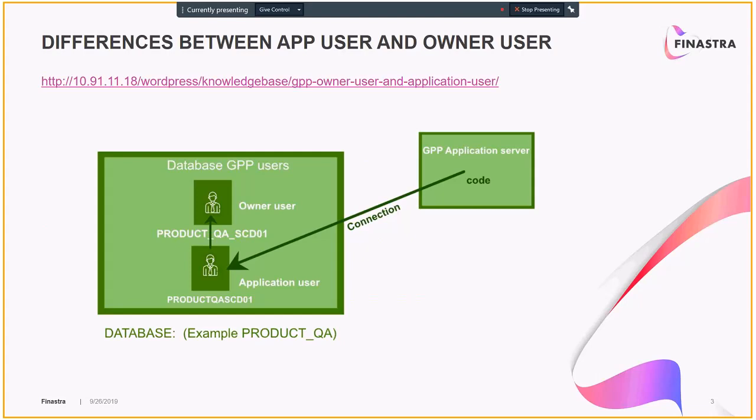Whenever the upgrade runs, it creates new synonyms in the application user, and it also grants select, insert, update from the owner user to the application user. This happens for each and every upgrade whenever it is done. So this is the second task it takes care of.